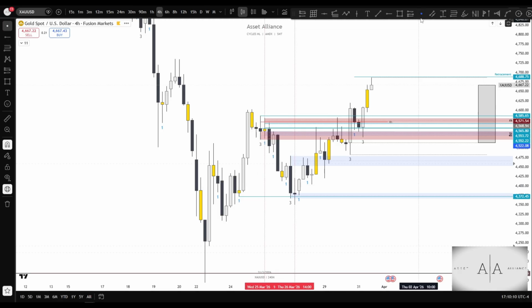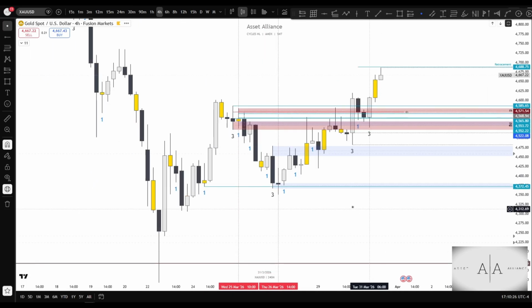You can also use them as deviations. So right there, micro SMR, and this would have been the reversal point, right? HTF ones are always better because you're going to have bigger targets.